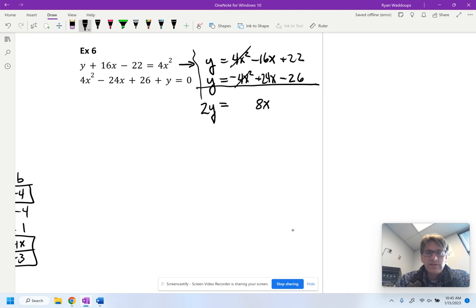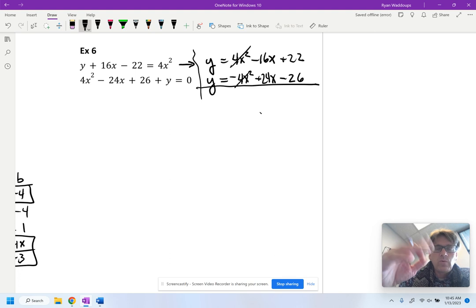And now I'm looking at this, I think maybe that I chose a bad way to do this. They're both equal to y. So I'm gonna rewind and use substitution, setting the two equations equal to each other.